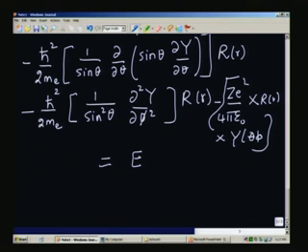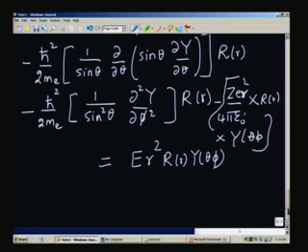Since we multiplied everything by r square, there is an r missing here, but we are multiplying this by r square, so we will have to write the r here, Z e square r by 4 pi epsilon naught, and this becomes E r square R(r) Y(θ,φ). Okay.